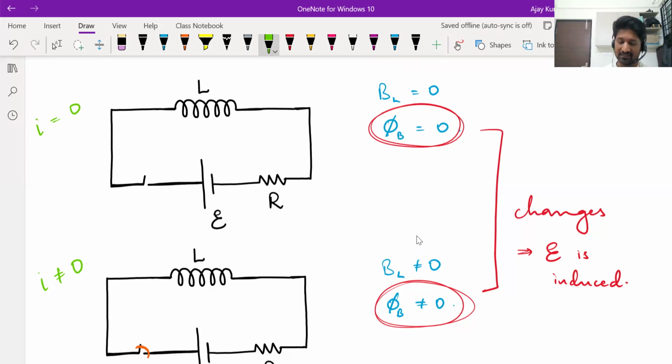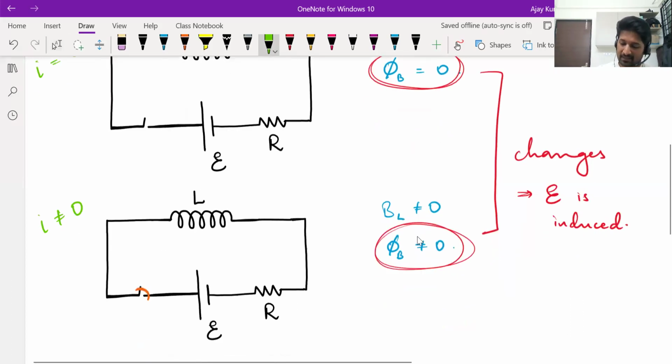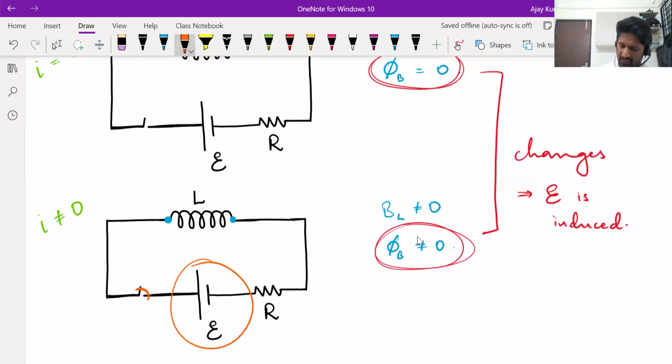So what will happen is the moment you close the switch, there will be an EMF generated across the ends of the inductor. Means there you will see an EMF between these 2 points and that EMF will oppose the current. Now what is this main battery trying to do? This main battery is trying to drive the current this way. Then the EMF induced in the inductor. This current is increasing, no? From zero it is becoming non-zero.